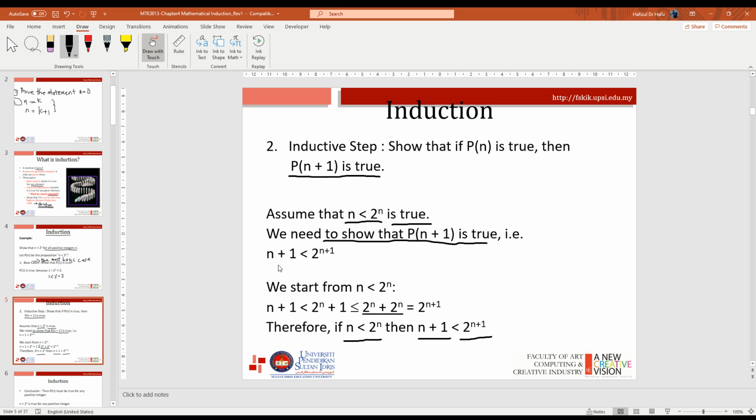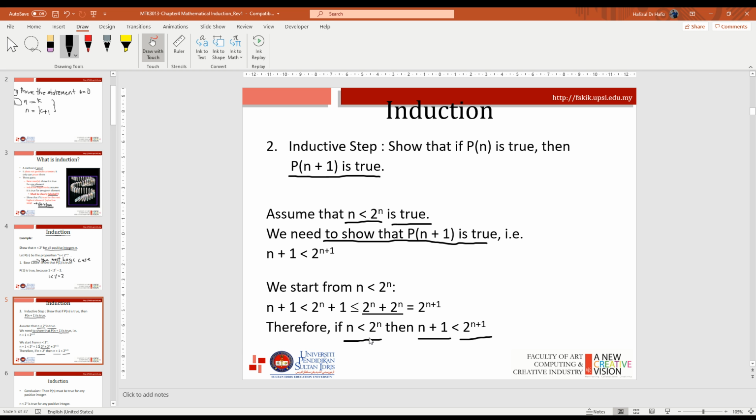So we need to show that P(n+1) is true, for example, n+1 is less than 2^(n+1). Remember, for the first case, we could prove the statement. We start from n less than 2^n. Therefore, we have n+1 less than 2^n + 1, less than or equal to 2^n + 2^n, which is equal to 2^(n+1).